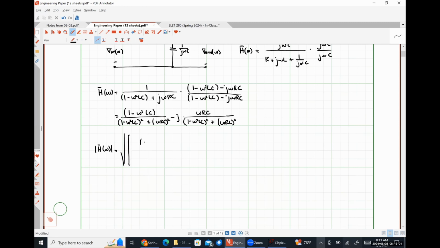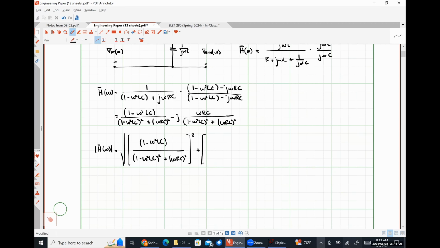So we're going to have 1 minus omega squared LC over 1 minus omega squared LC quantity squared plus omega RC quantity squared, and then square that.